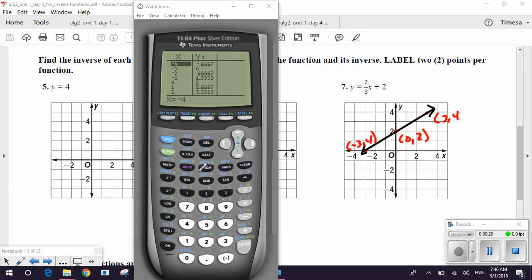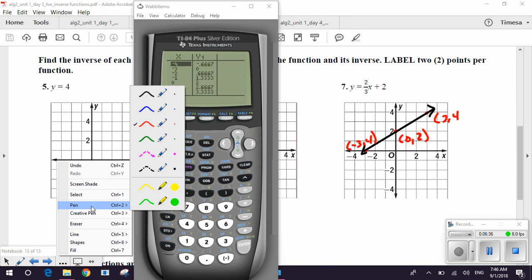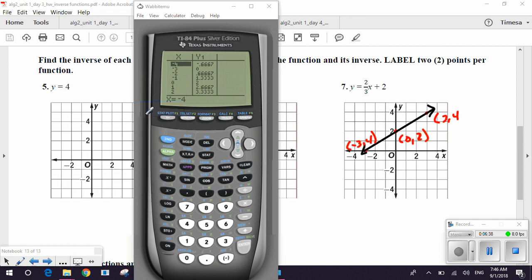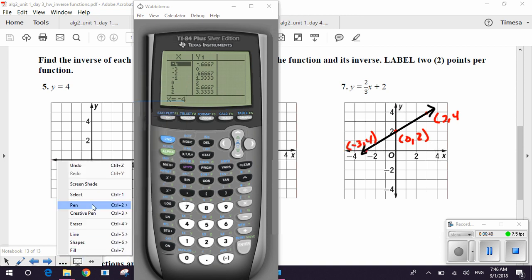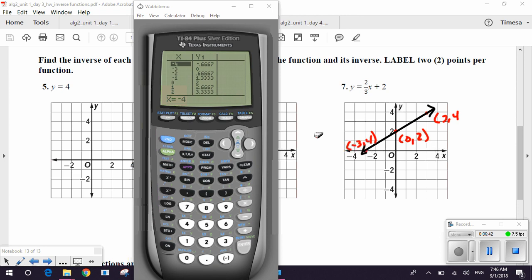Well, remember, inverse simply means switch x and y, correct? On the regular function, I messed up, sorry. That's negative 3, 0.